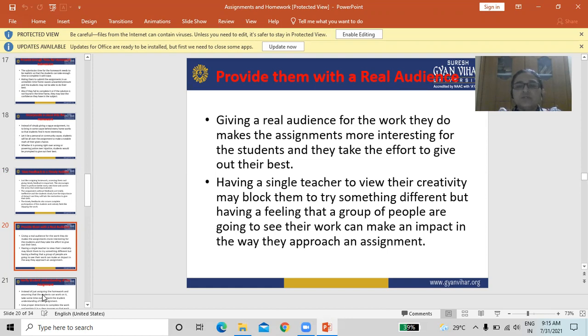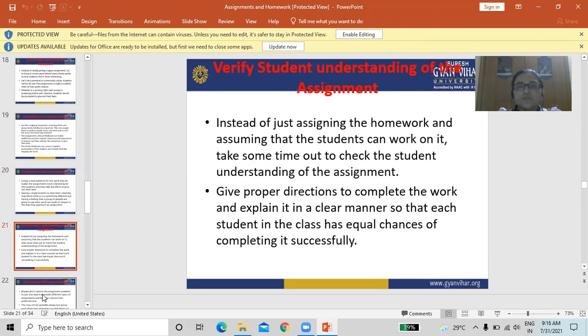Having a single teacher to view their creativity may block them from trying something different. But having a feeling that a group of people are going to see their work can make an impact in the way they approach the assignment.